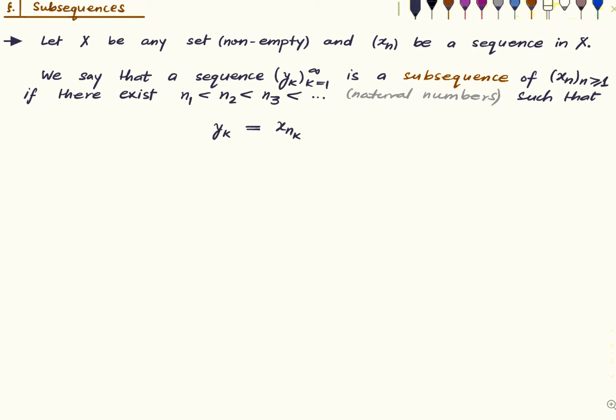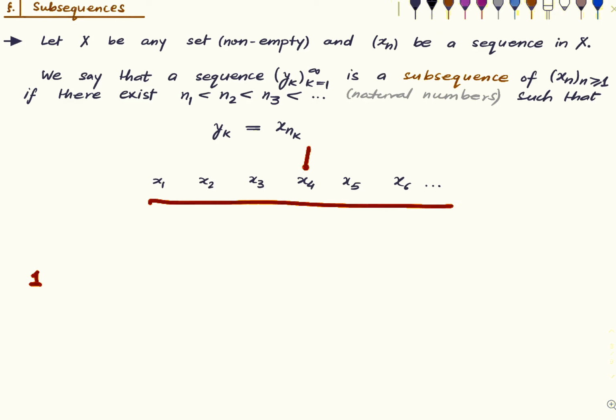Alright, so pause for a moment to think about this definition, and now let me illustrate what we are trying to say. So we have this infinite list, x1, x2, x3. Let me make some more. We have this infinite list. What is a subsequence? You pick a natural number 1 and select some guy from this. Okay, let's say we choose this. Then you have a natural number 2, and then you select some guy that comes after.